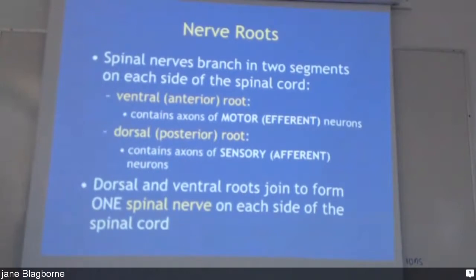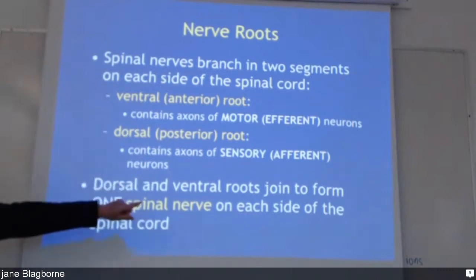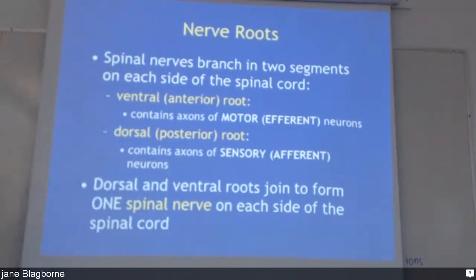I'm going to get this wrong. The dorsal and ventral roots join to form one spinal nerve on each side of the spinal cord. I think you saw that in the picture that we had.